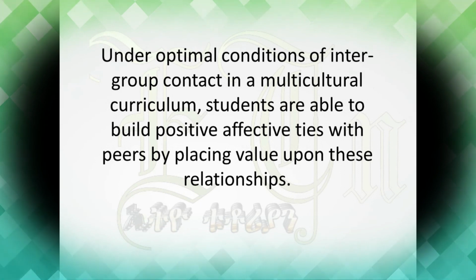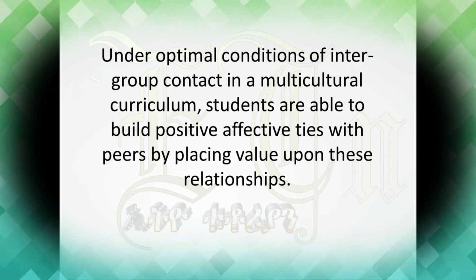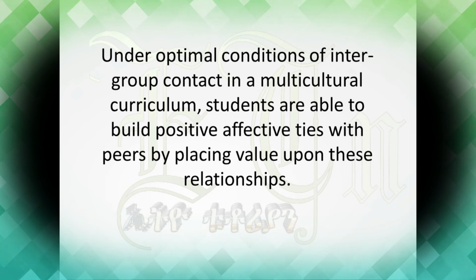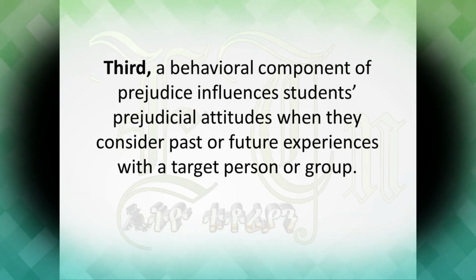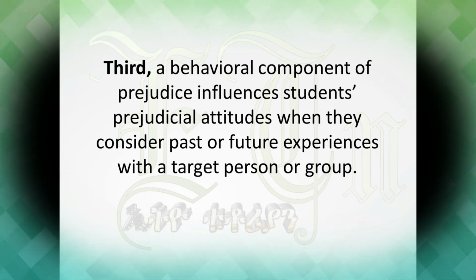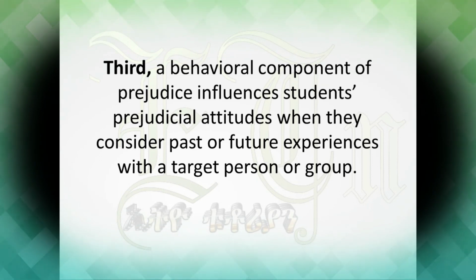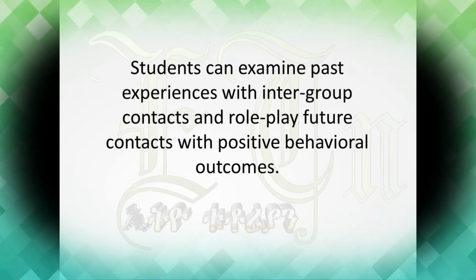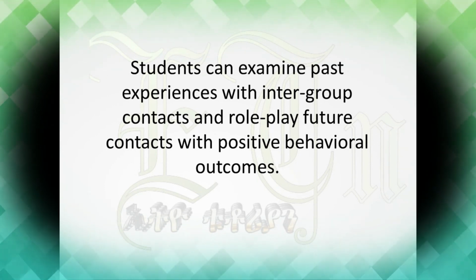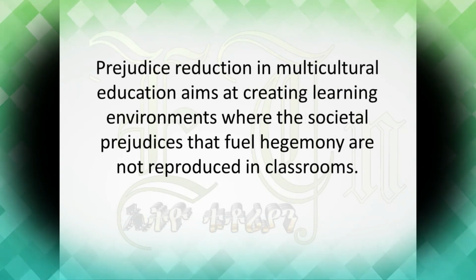Under optimal conditions of intergroup contact in a multicultural curriculum, students are able to build positive affective ties with peers by placing value upon these relationships. Third, a behavioral component of prejudice influences students' prejudicial attitudes when they consider past or future experiences with a target person or group. Students can examine past experiences with intergroup contacts and role-play future contacts with positive behavioral outcomes.